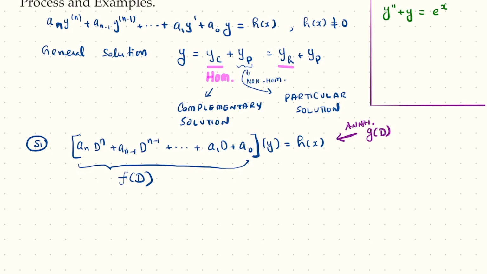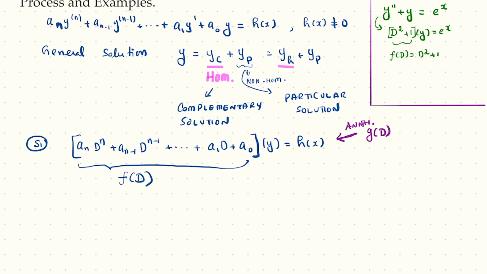As simple as that. Step one is rewriting this as D squared plus 1 of y is equal to e to the x. This is what I call f of D, which is D squared plus 1.